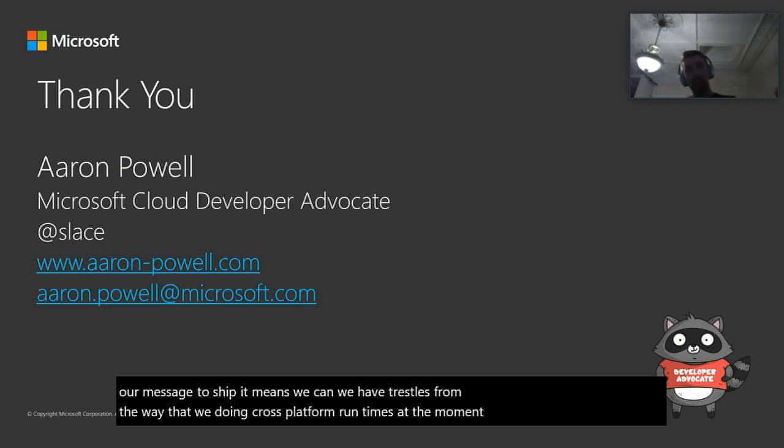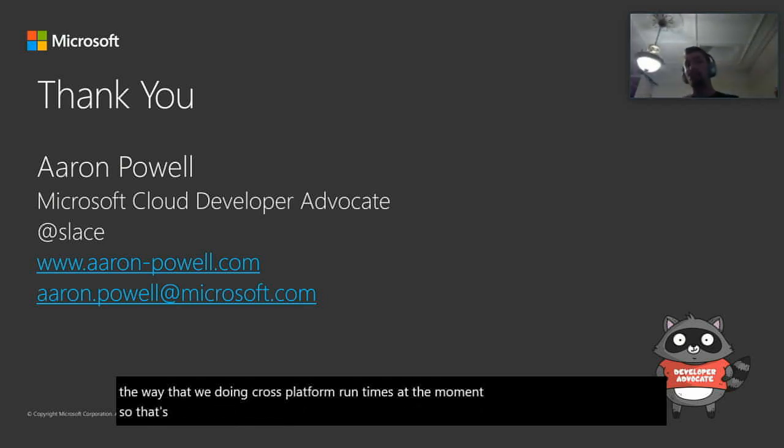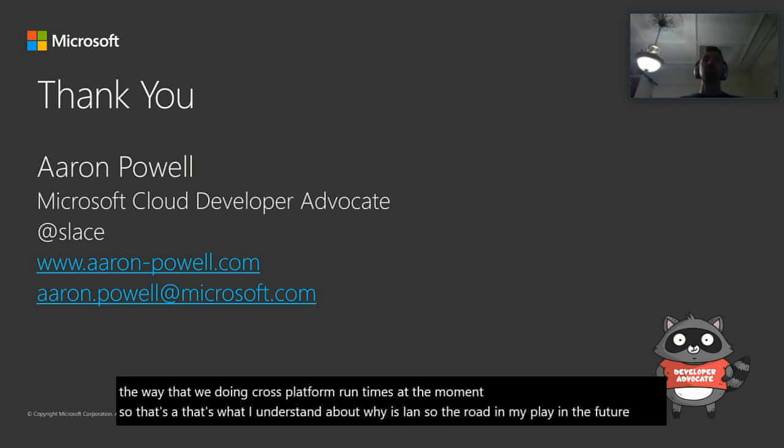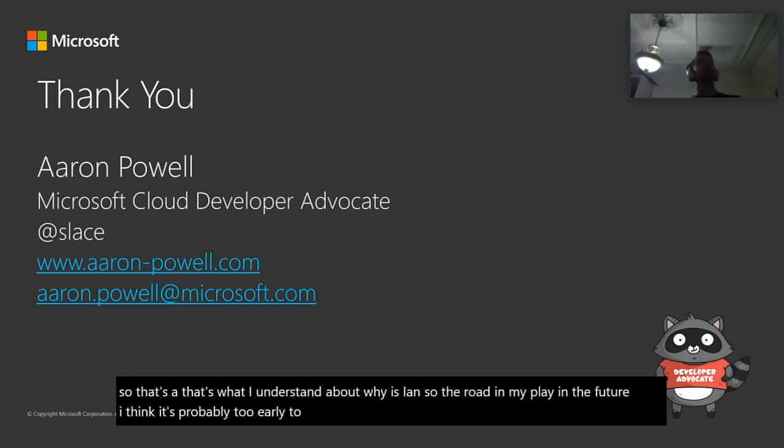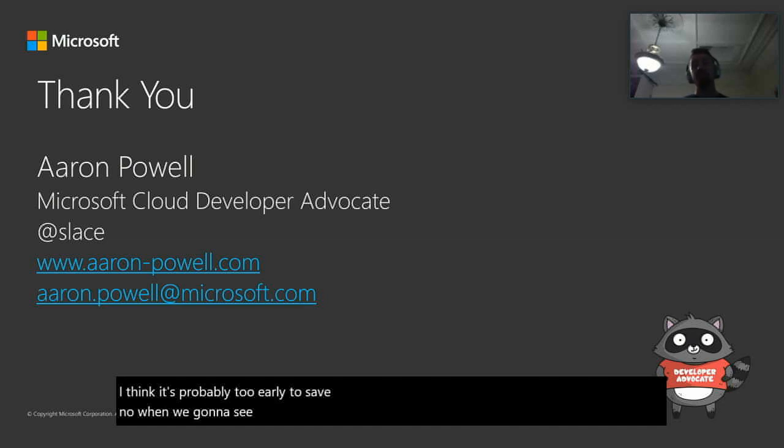So that's what I understand about WASI and the role that it might play in the future. I think it's probably too early to say when we're going to see that in production, but it's something I would keep your eyes out for and think of what it might be useful for.